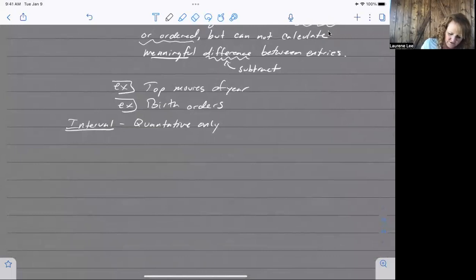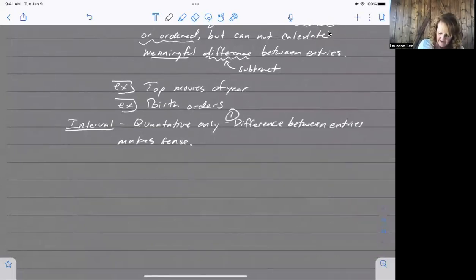For interval, the difference between entries, remember we just talked about that, makes sense. Okay, so there's two things that classify something as interval. The first is difference of entries makes sense.